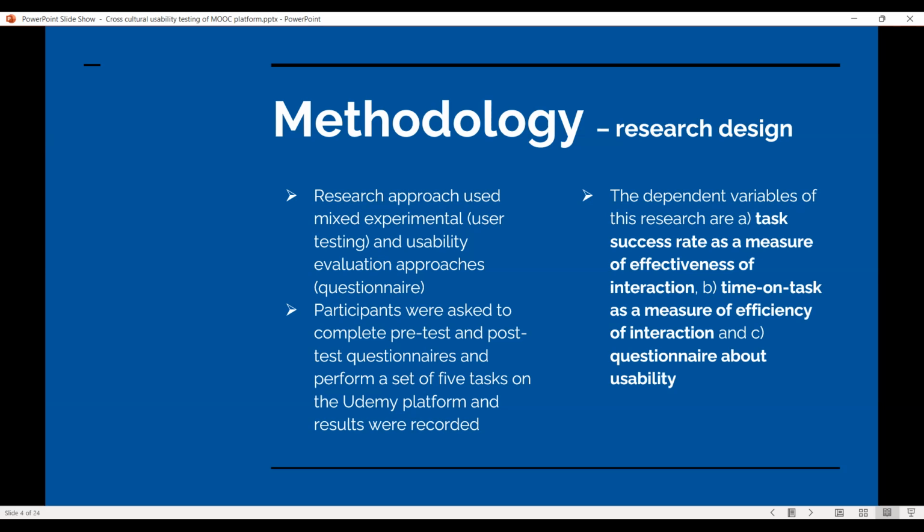Participants were asked to complete the pre-test and post-test questionnaires and perform 5 tasks on the Udemy platform, and the results were recorded. The variables in this research are task success rate as a measure of effectiveness of interaction, time on task as a measure of efficiency of interaction, and a questionnaire about usability in the end.